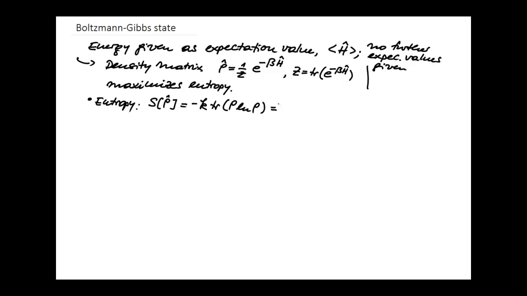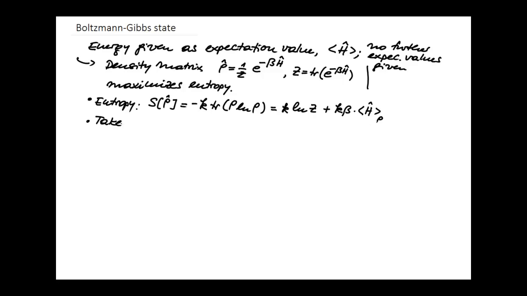So when I take the logarithm of the exponential, then I get a minus beta H. So when you do that, you find that the entropy of this particular state is given by k log Z plus k beta times the expectation value of the Hamiltonian in that state rho that I wrote down above.